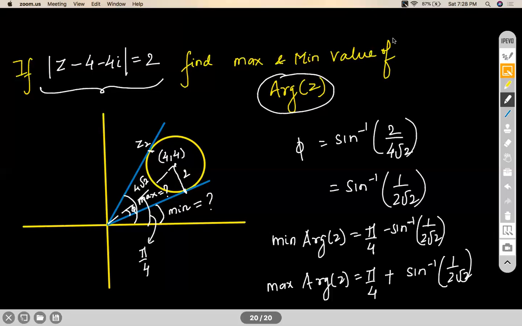How did you get pi by 4, Anurag? If this is 4, this is 4, how much is this angle, Anurag? 45 degrees, no?